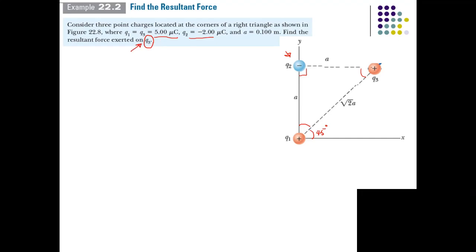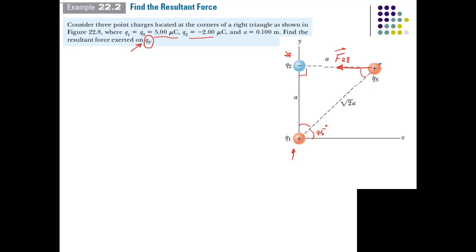So there would be a force that tries to pull me in that direction. That force came from 2, so I'm going to write it as F2, but because it's affecting me, and my name is 3, it's F23. Okay, now let's focus on this charge.